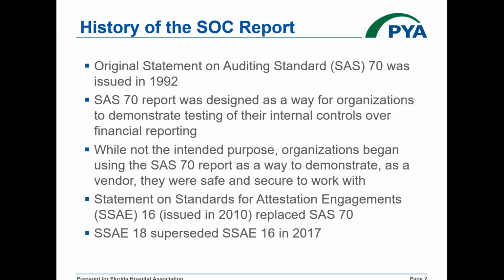And so one thing to key on there is that not only did the AICPA recognize this issue and deficiency in the SAS 70 guidance, but when they created the new standard, this SSAE 16, it was no longer in the audit guidance. It was now in the attestation guidance.